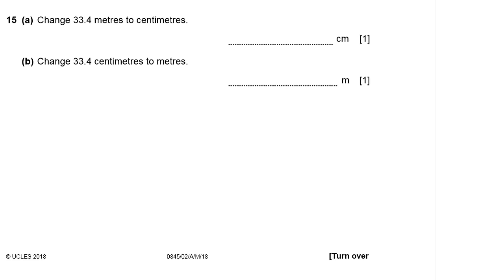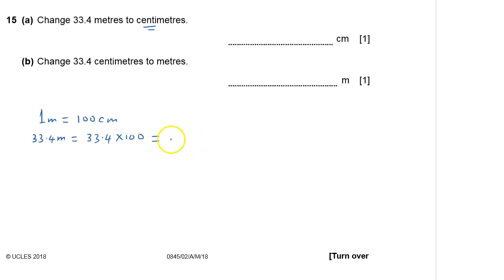Number 15. 15A. Change 33.4 meters to centimeters. We know that 1 meter is equivalent to 100 centimeters, and therefore 33.4 meters will be equivalent to 33.4 times 100.